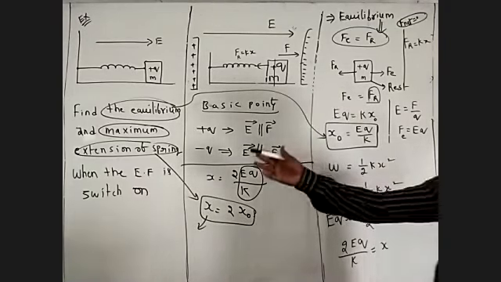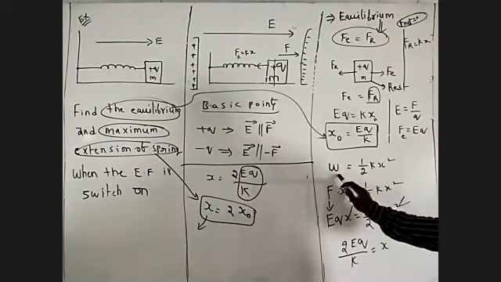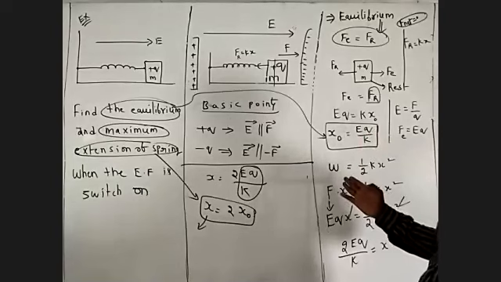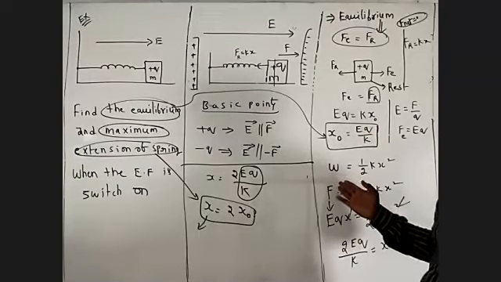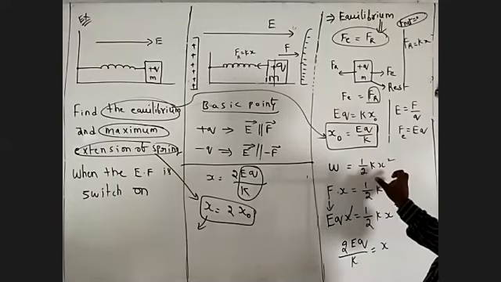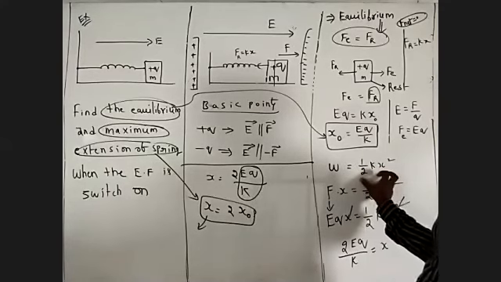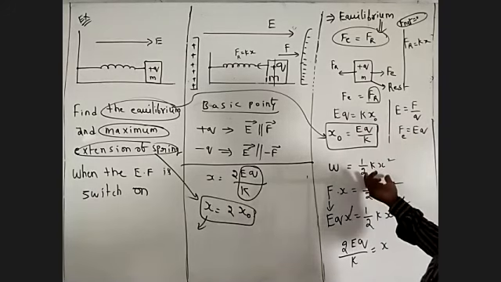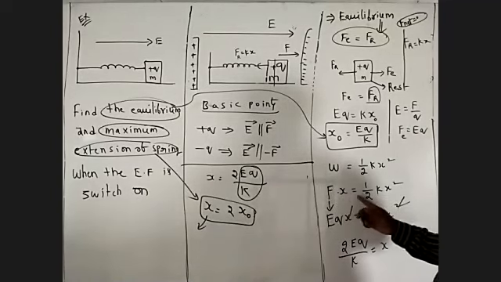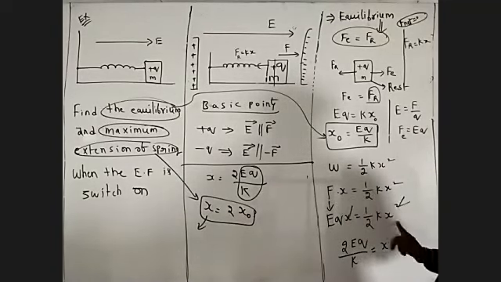Next, maximum extension of the spring. Here W is equal to work. This block is moving from one place to another place, which means work is done by the electric force. W is equal to half Kx square. Half Kx square is the electrostatic potential energy developed in the spring. That is, work means force into displacement is equal to half Kx square. X cancels.